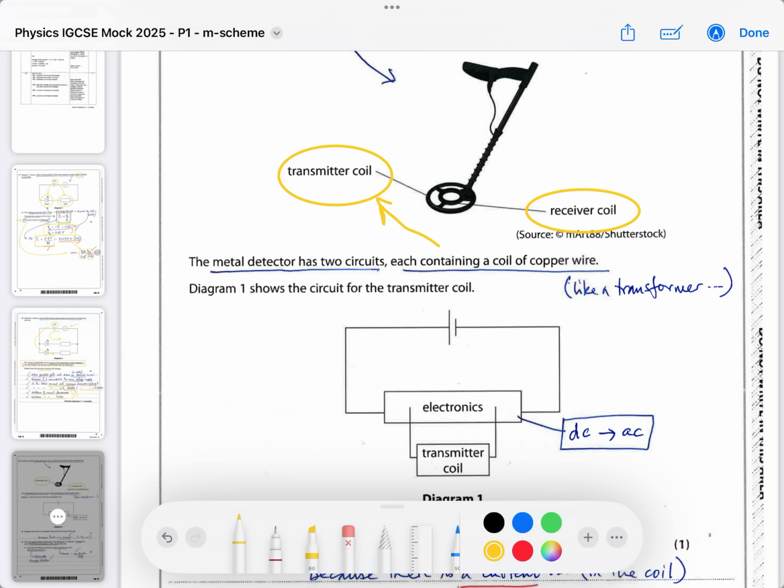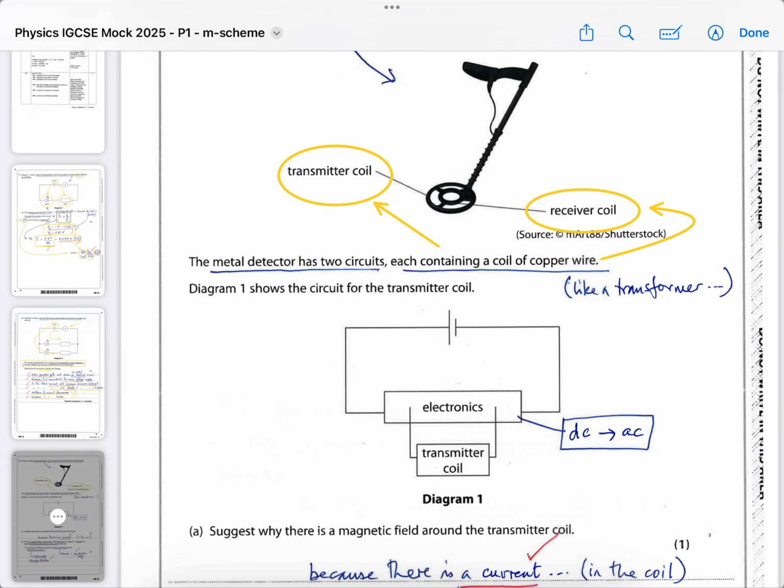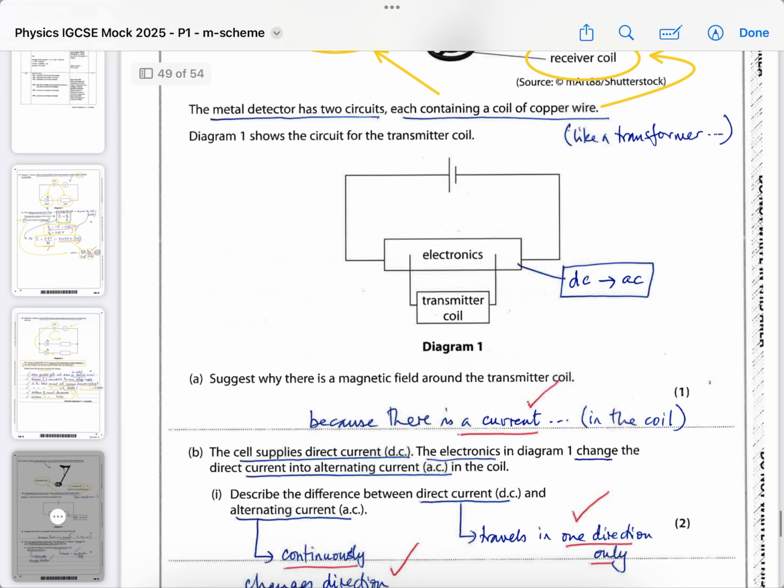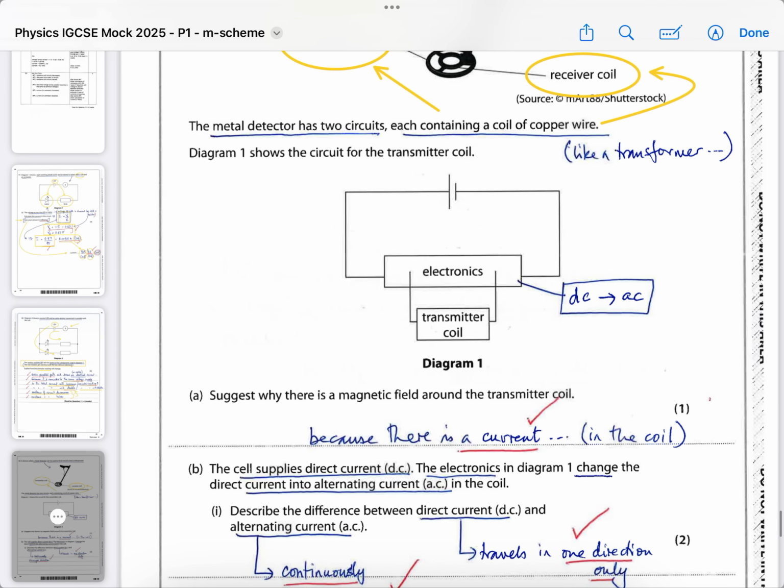So you've got the transmitter coil and you've got the receiver coil. Okay? Diagram 1 shows the circuit for the transmitter coil. Okay? So here's the transmitter coil. It shows that there's some electronics involved, which is controlling the transmitter coil. Let's see what they say about it.